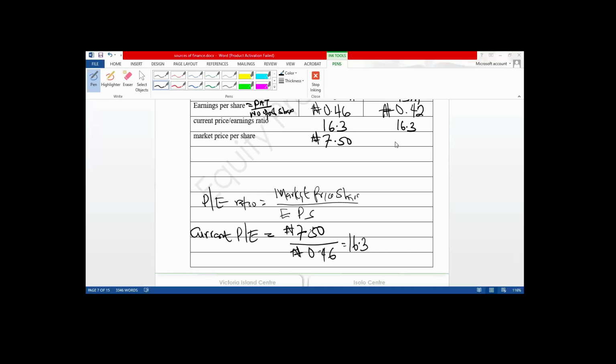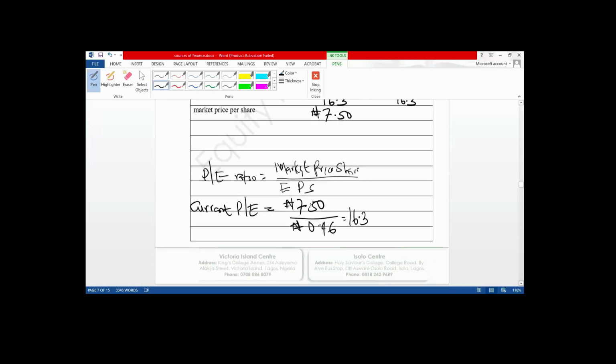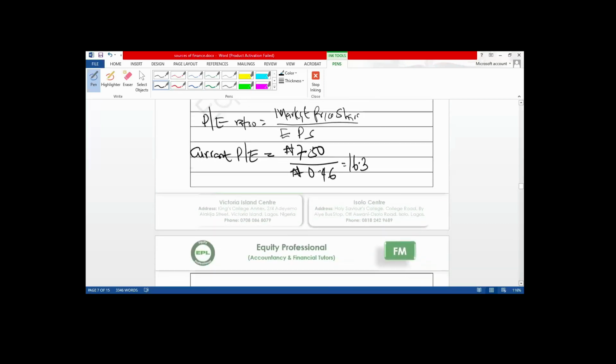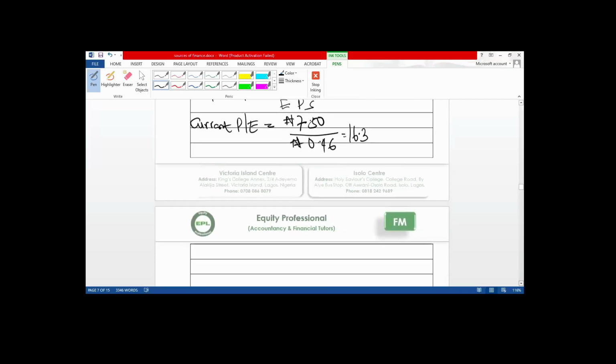We can derive the market price per share after the company has completed the rights issue and uses the money to repay the existing debt. Look at it, please.